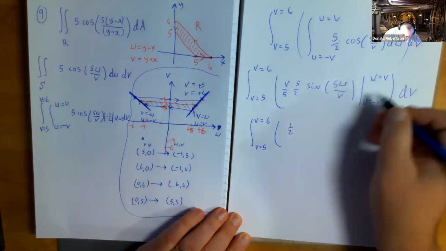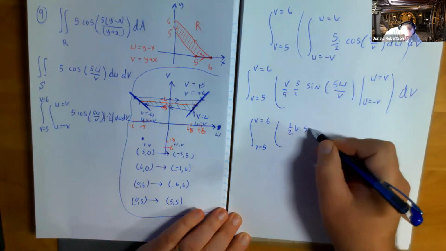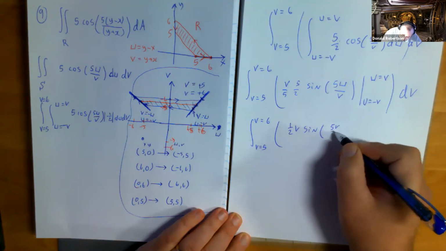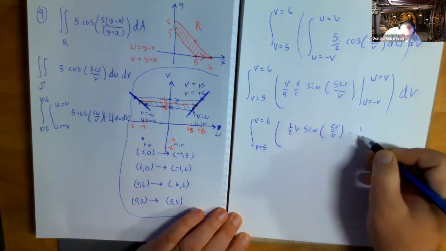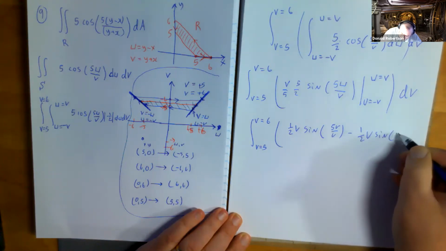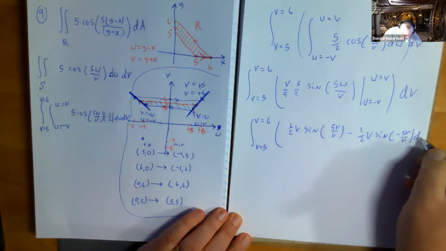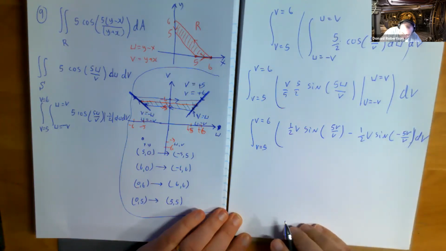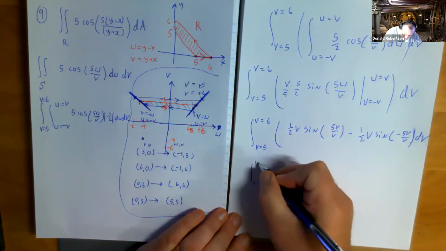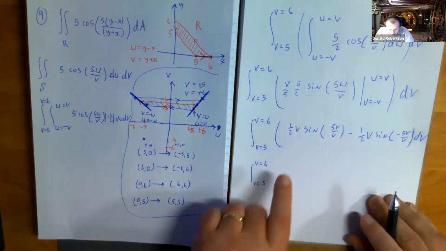Then you replace the u with v, and then you replace the u with negative v. What does that look like? It looks like v equals 5 to v equals 6.